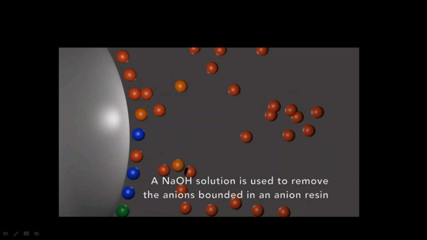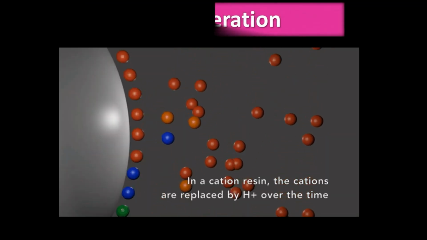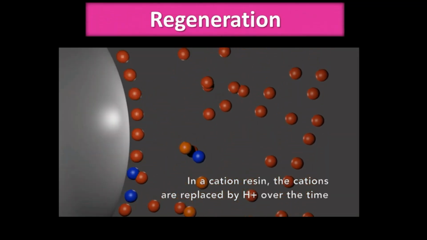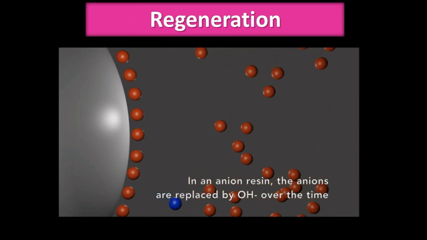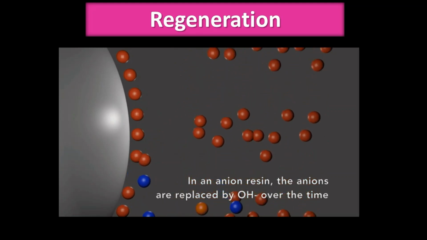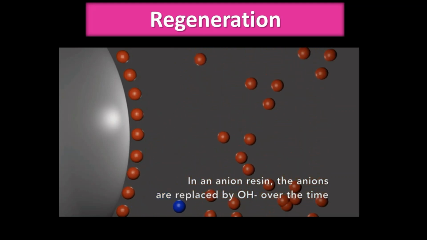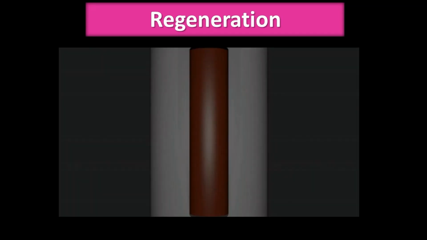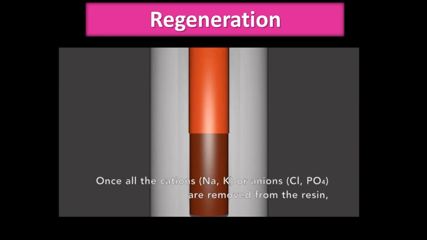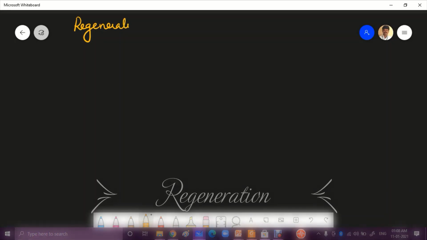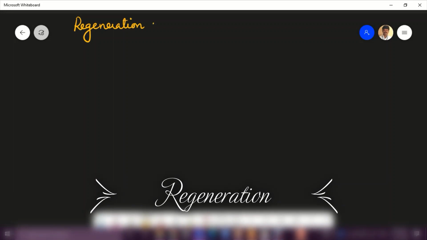Here you can see the image where the H+ ions are getting attached to the resin again and all other harmful cations in the resin are removed. Now we are going to write the equation of regeneration. That is how regeneration takes place. In simple terms, we make the resins active by regeneration.